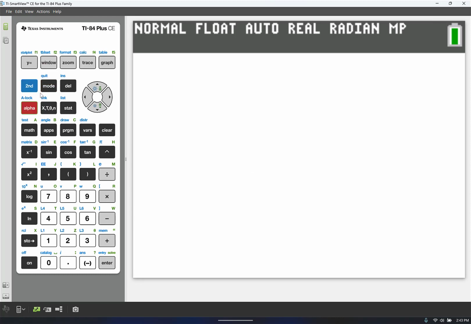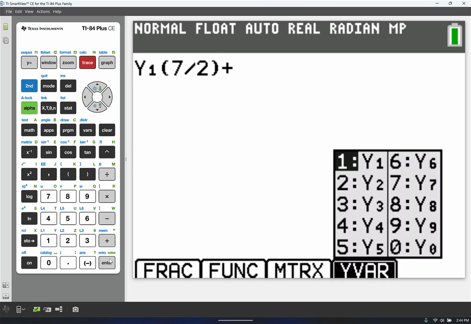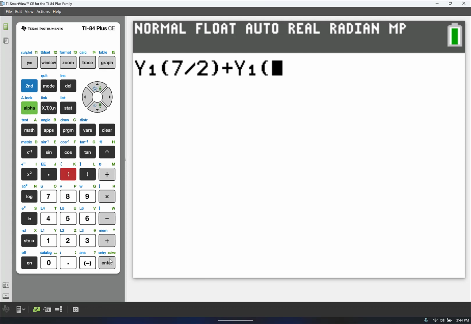Alpha trace Y1. And then I open up parenthesis. And what number do I put in here? 7 over 2. Plus alpha trace Y1. What was the next one? 4. Plus alpha trace Y1. What was the next one? 9 over 2.